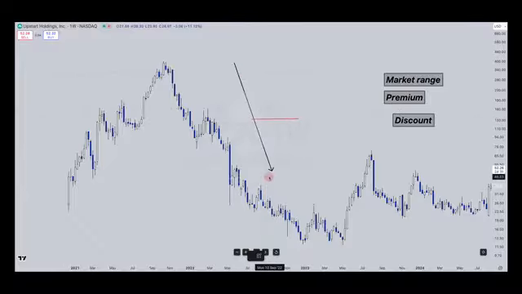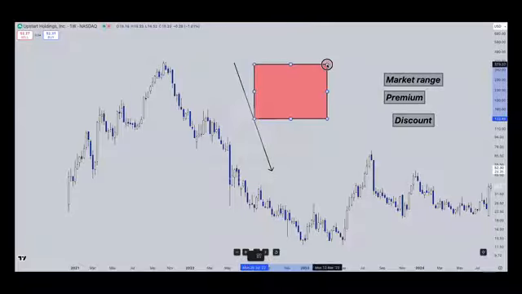This was the imbalance, this arrow, and this line is the 50%, that's the equilibrium. Well, when price is in the upper half, that's a premium. Investors will consider price to be expensive when price is in the upper half.